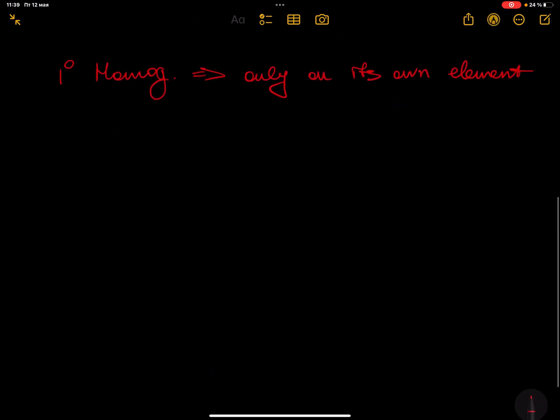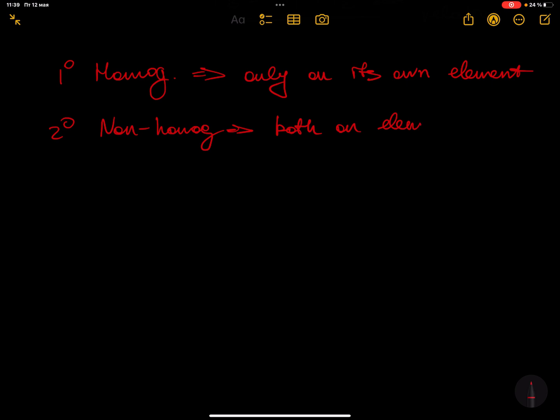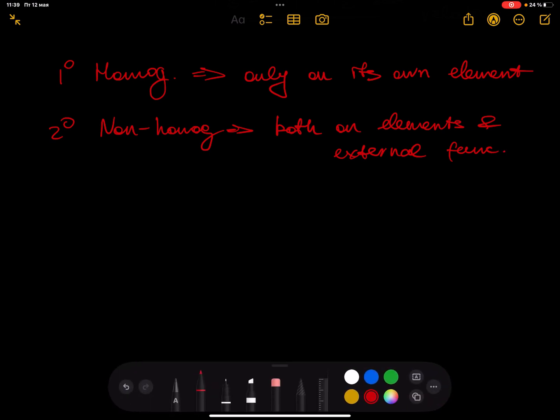But non-homogeneous, as you might already know or understand, depends both on its own elements and on outer, external functions.